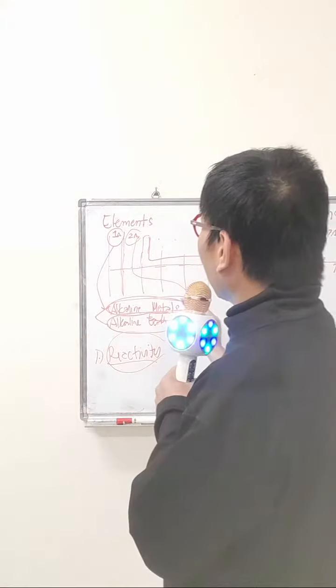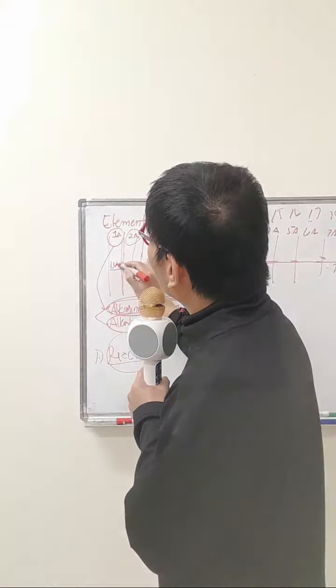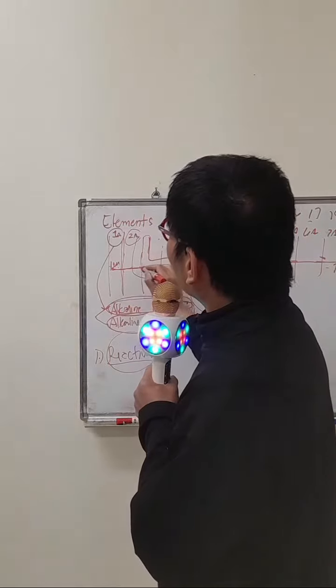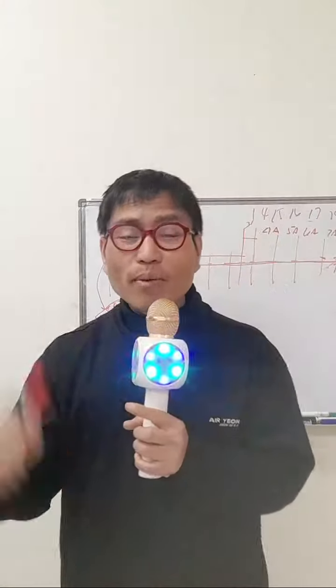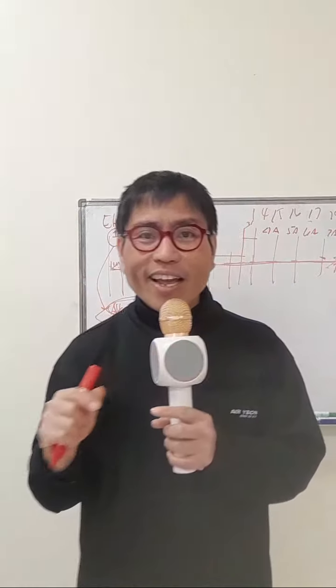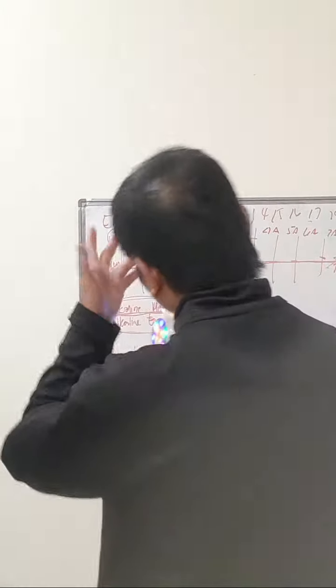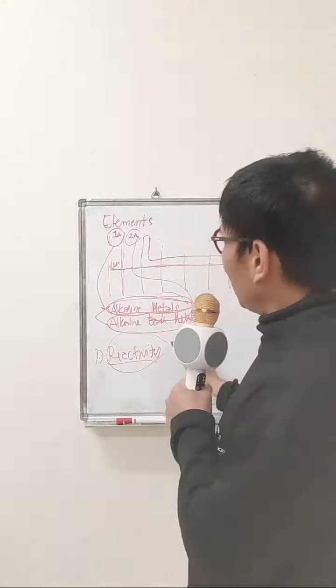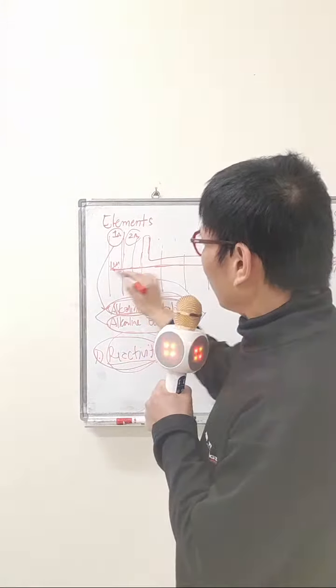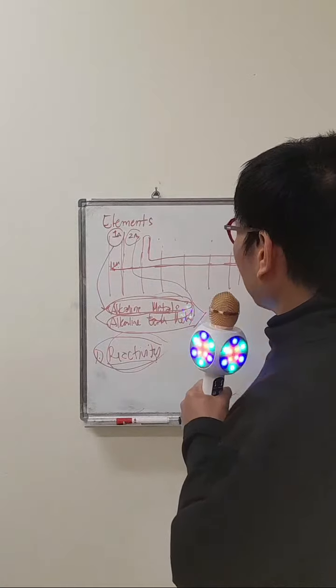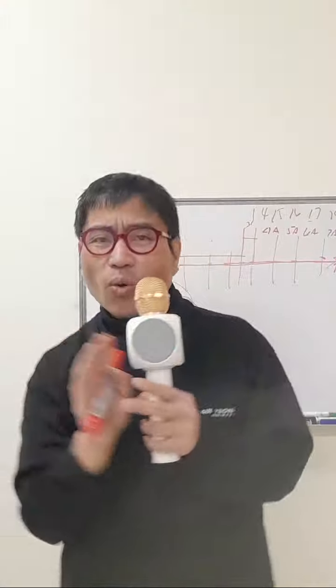From left to right, it will become less reactive. I corrected myself immediately because I'm listening to what I'm saying. So in reactivity, a chemical property of the elements, going from left to right it will become less reactive.